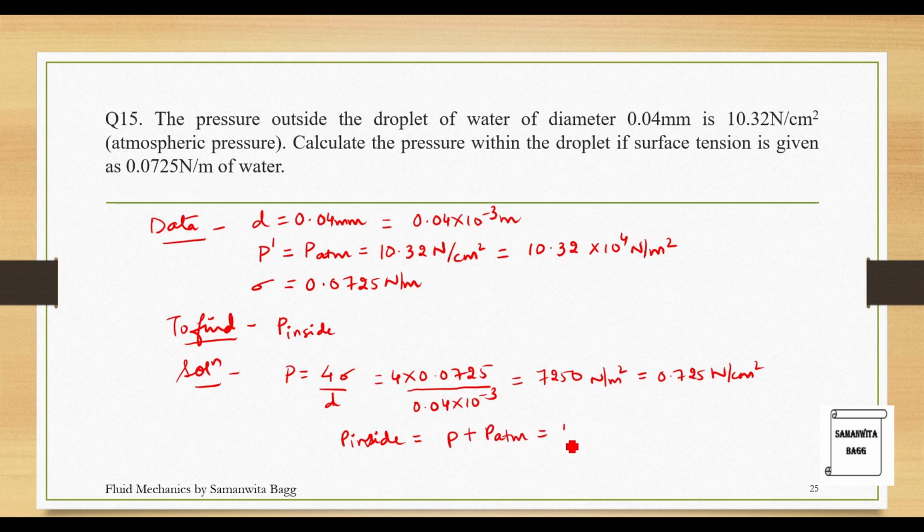So this sums up to 0.725 plus 10.32, which turns out to be 11.045 Newton per centimeter square, or this can also be written as 11.045 into 10 raised to 4 Newton per meter square. You can use whichever way you want for expressing.